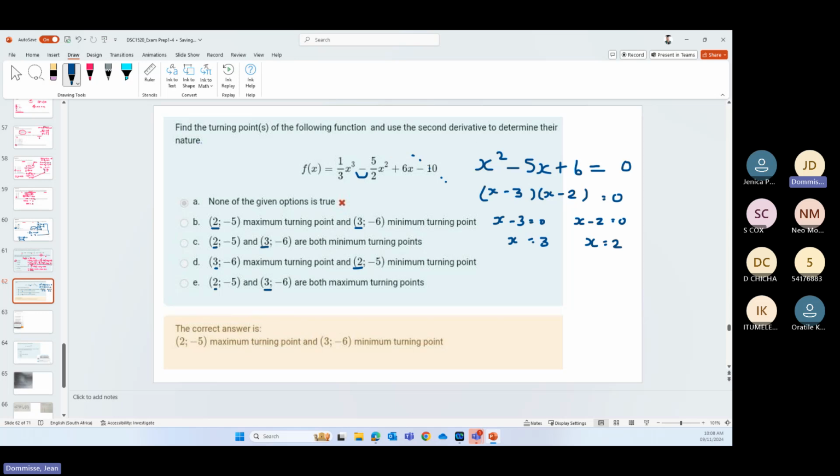So that's the first component we did. But when they say use the second derivative to determine their nature.